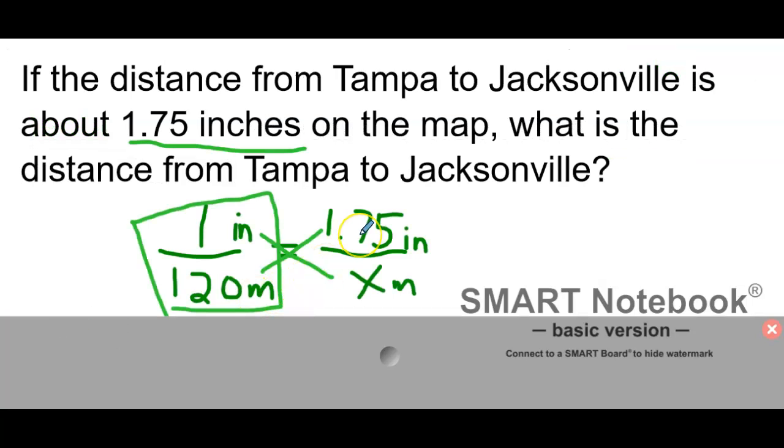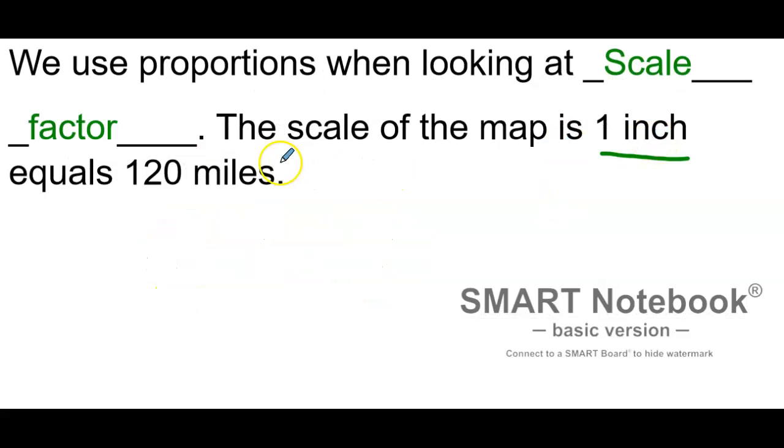And my 1.75 inches is equal to how many miles comes from this part here. Inches needs to be in the same place. If I put 120 over 1, that isn't how it was read, because 1 inch comes first, equals 120 miles. So inches has to be on top.